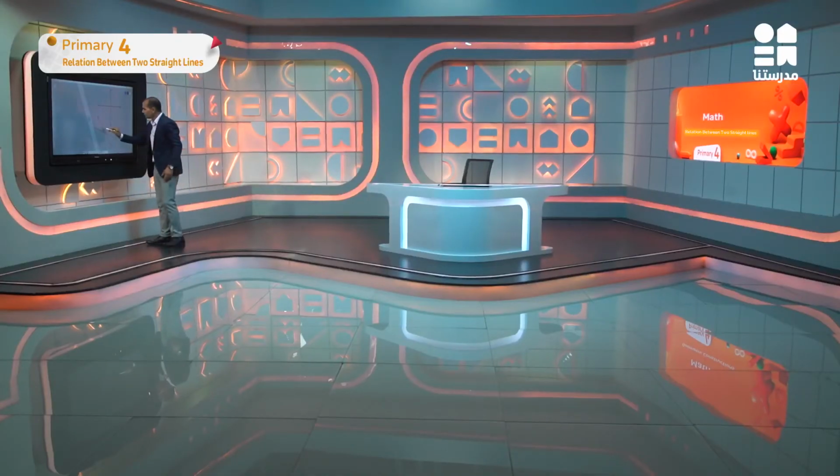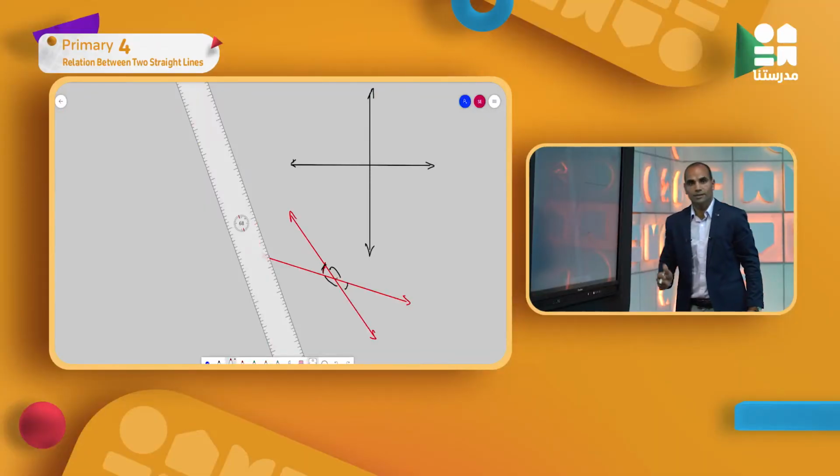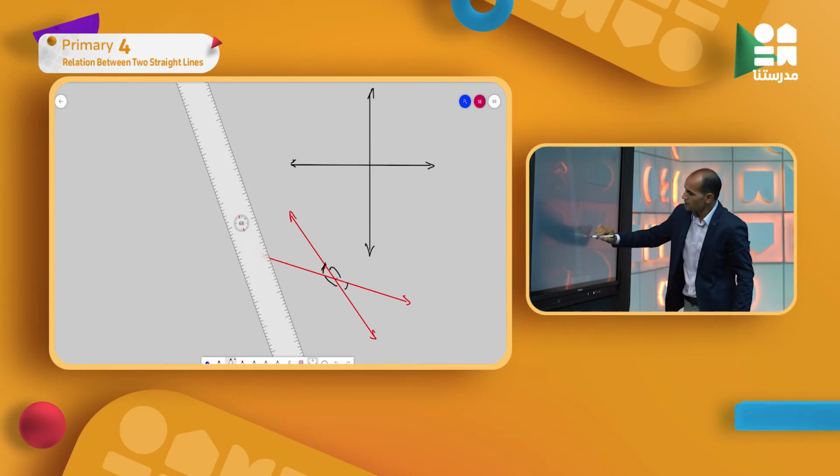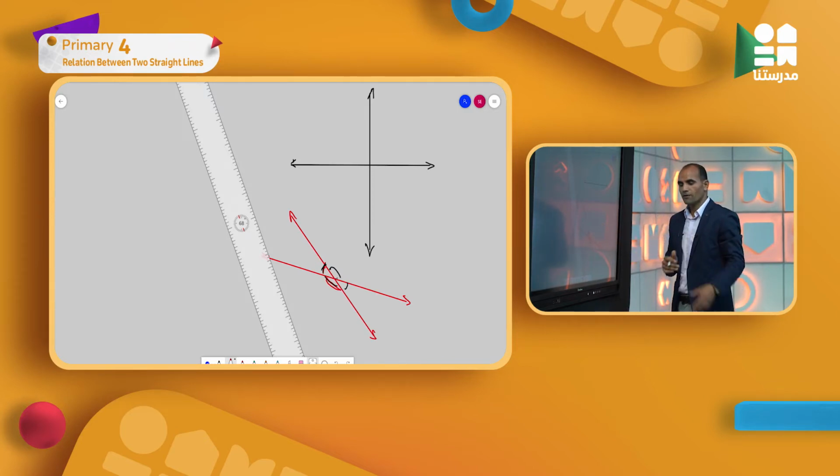But here this angle is not right. Its type is acute angle. Yes, this angle is not a right angle. It is an obtuse angle. Great. Of course, we studied before the types of the angles, acute or obtuse. So here we have right angles.